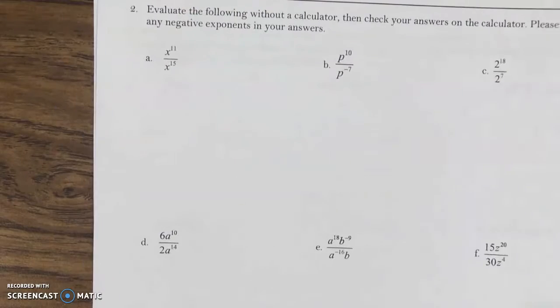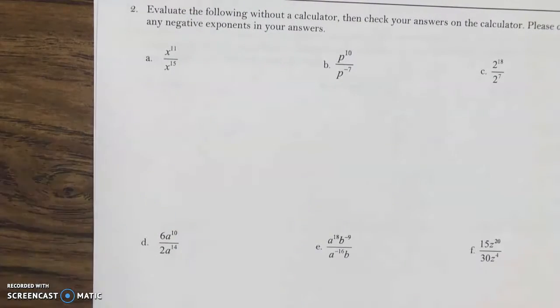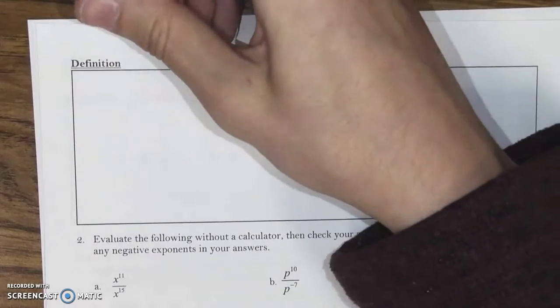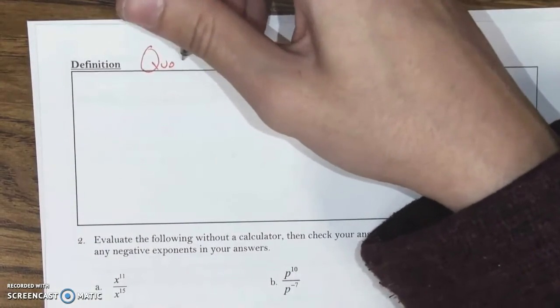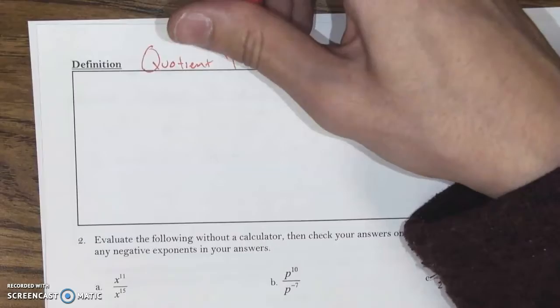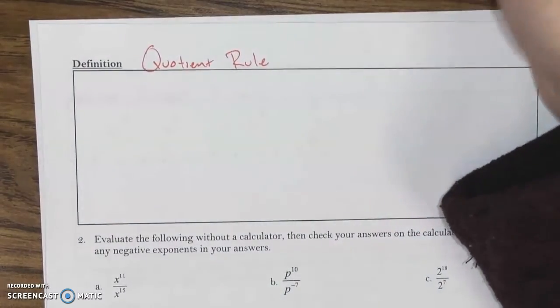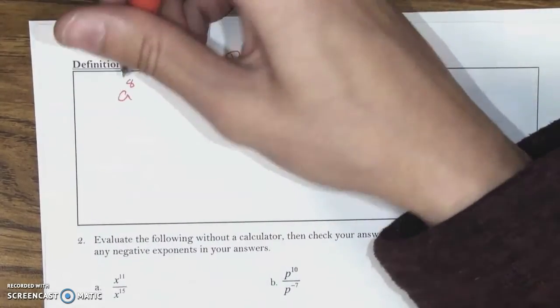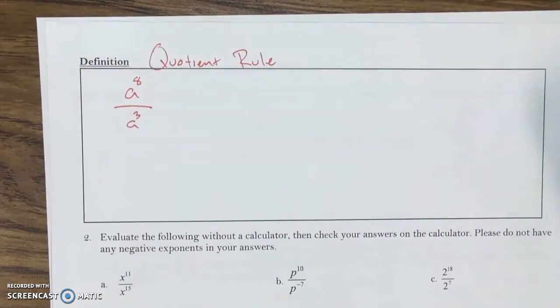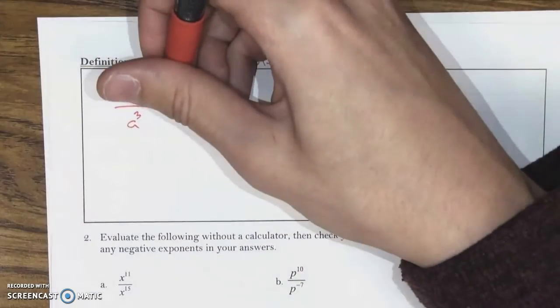Flip the page and we'll talk about the quotient rule. The quotient rule is similar to the product rule, but now we're dividing. So an example, if I have a to the 8th power over a to the 3rd power, let's break that down.